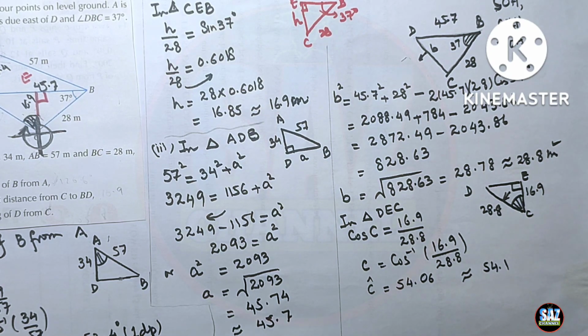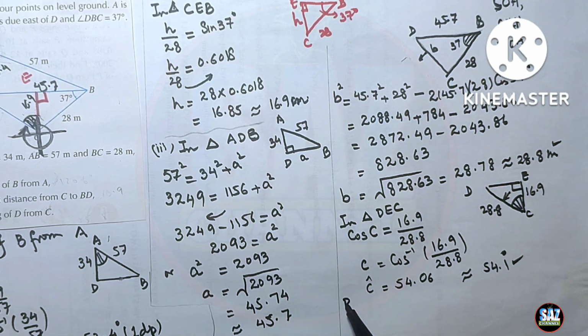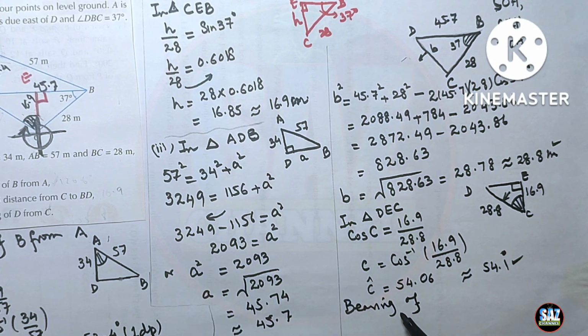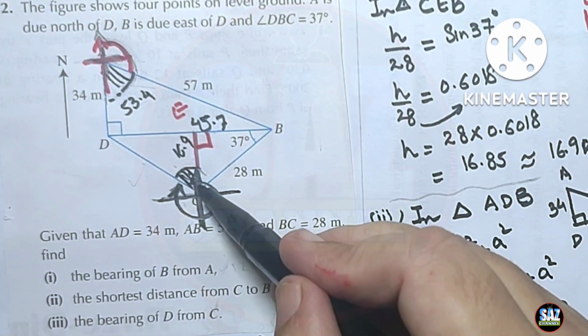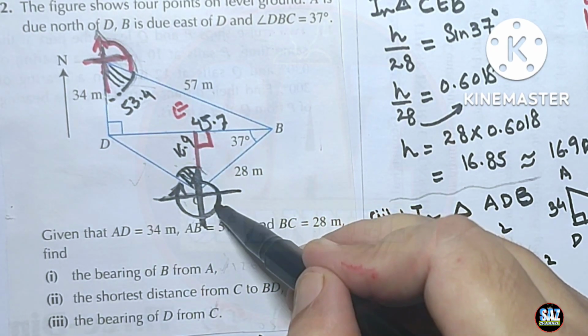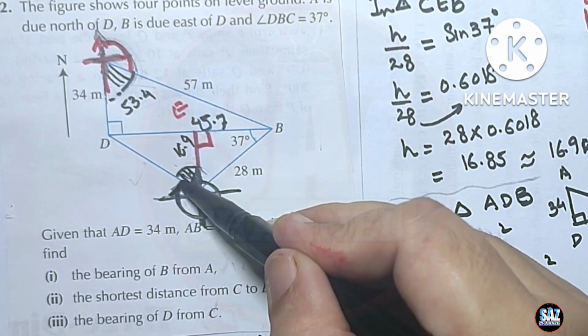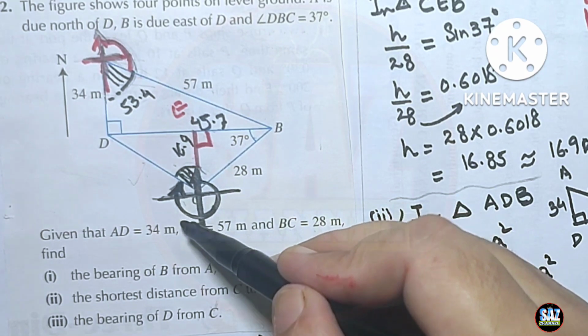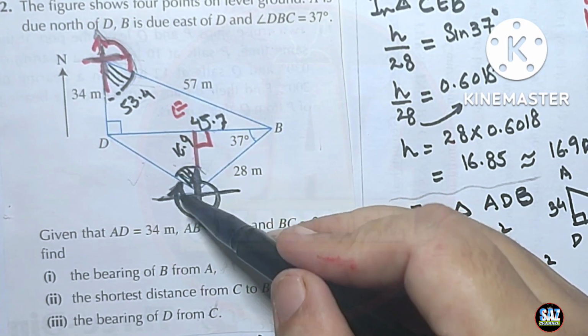Now the actual requirement of the question, that is the bearing of D from C. Okay, now look once again at the diagram. We need to find the bearing of the letter D from C. We have to start the movement from this point and reach this point, and we can see that we are completing almost a 360 degrees turn, but we were not in the beginning having this angle of the triangle that we have calculated now.